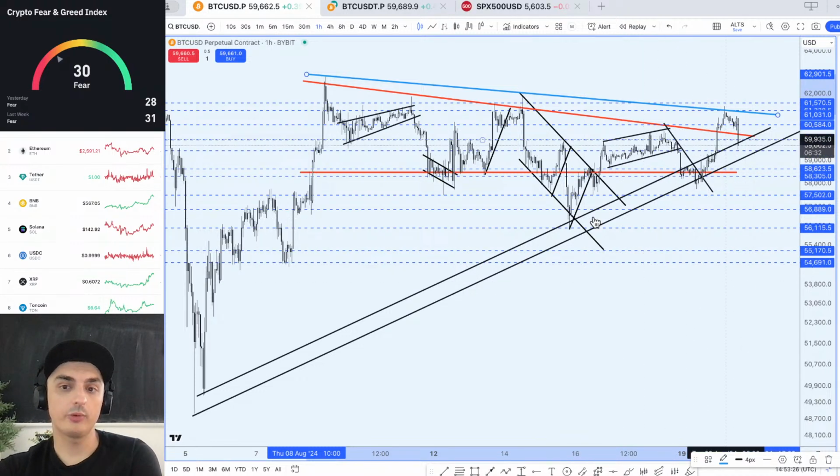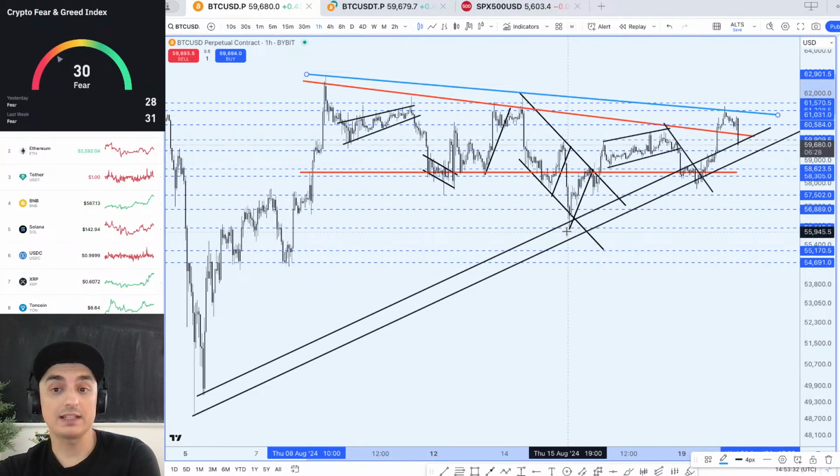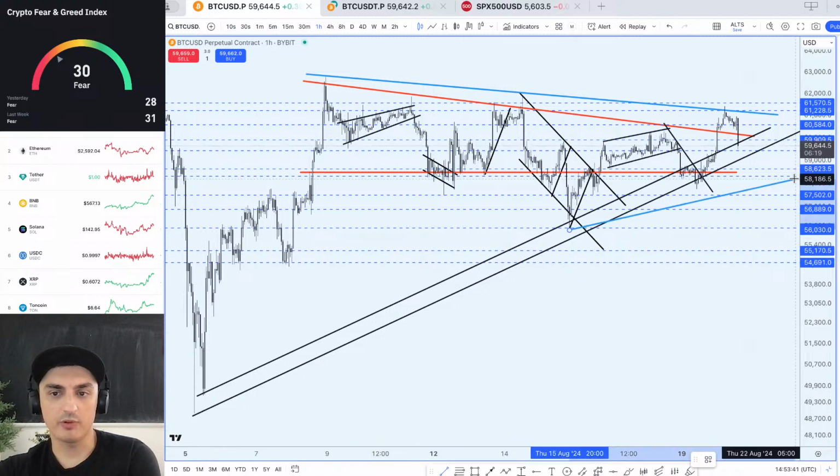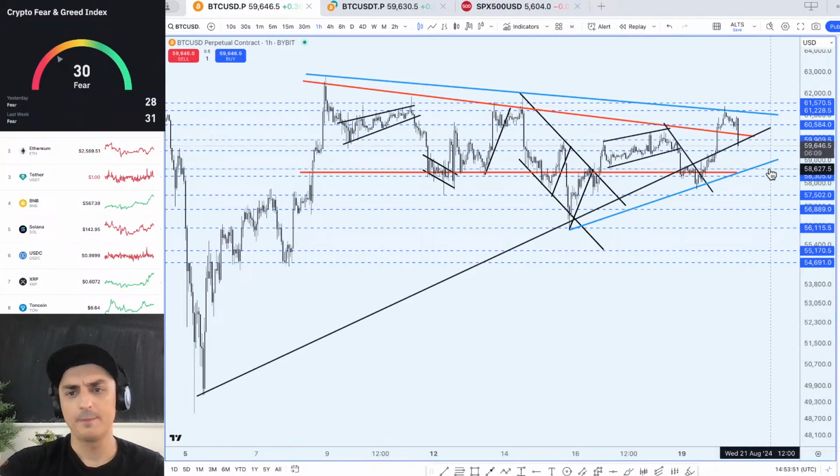We got lower lows, we got lower highs, and we got higher lows. That could potentially be some kind of triangle shape around here. Got a lot of lines over here, but it is what it is.